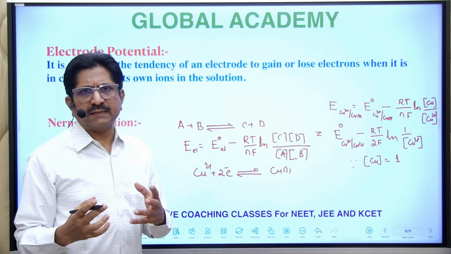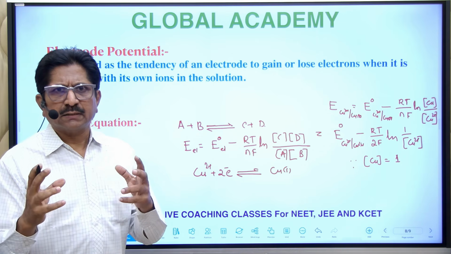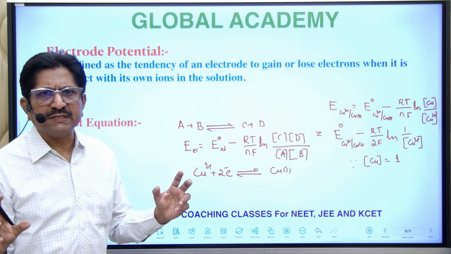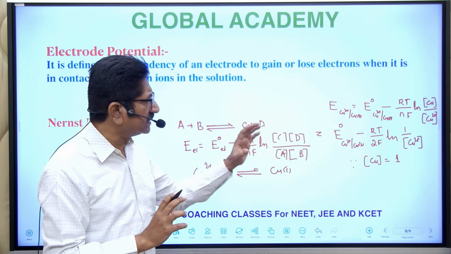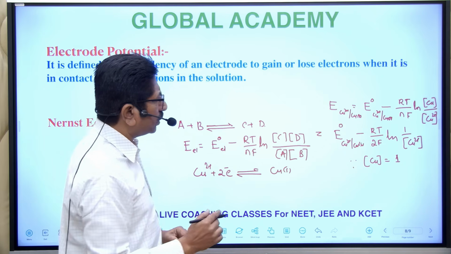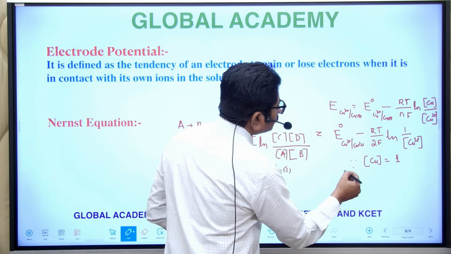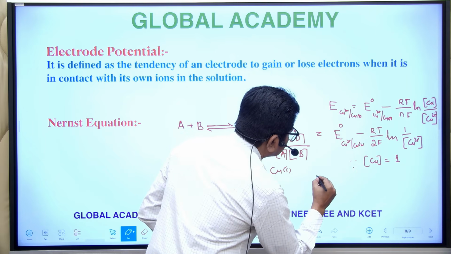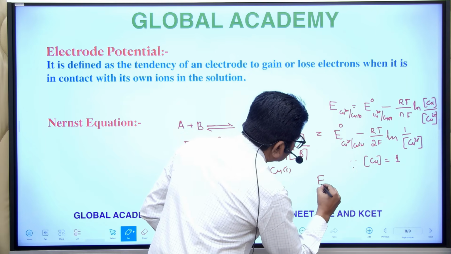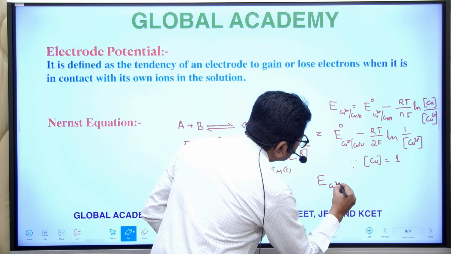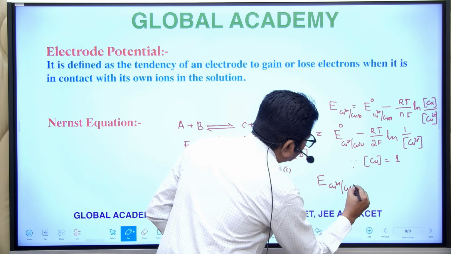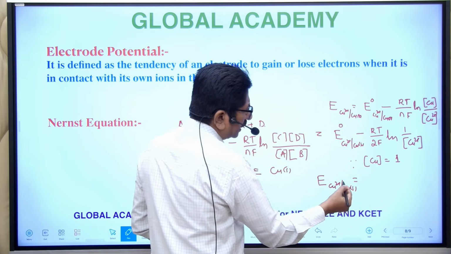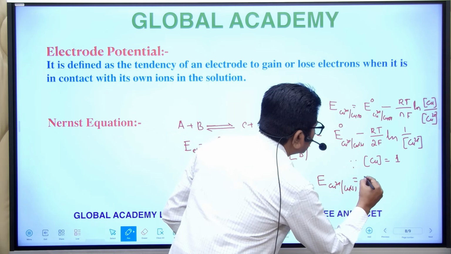Whichever is in the reduced state, its concentration is taken as unity in this reaction. That is an important part. Now, if we convert all these, E of Cu2+ to Cu solid equals E naught of Cu2+ to Cu solid plus 0.0591 upon 2 log concentration of Cu2+. I will tell you more in the coming classes, that is important.